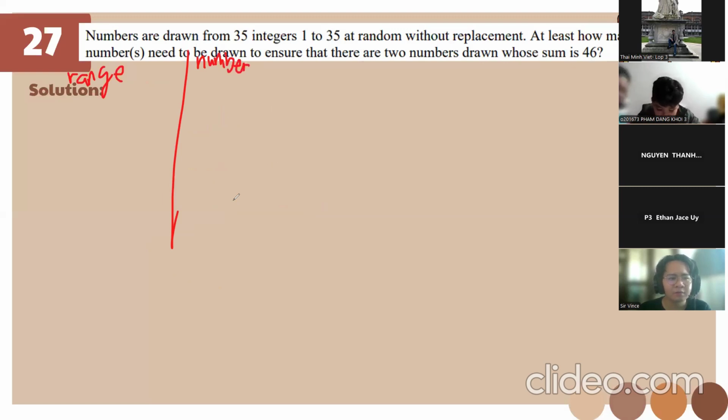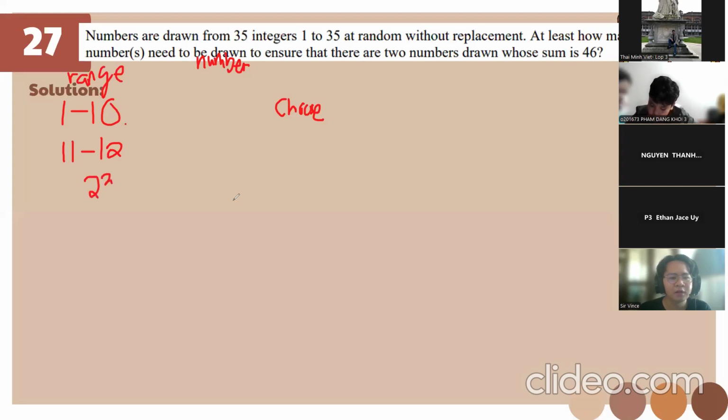So we'll have 1 to 10, so choose, then 11 to 12, 23, then 24 to 35.